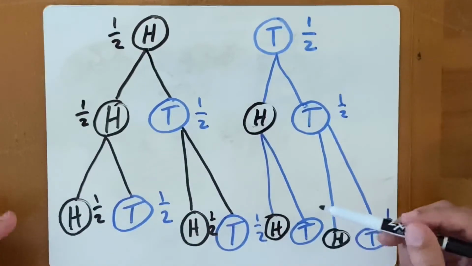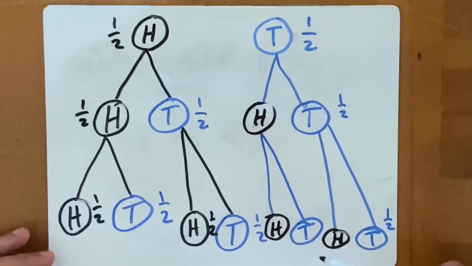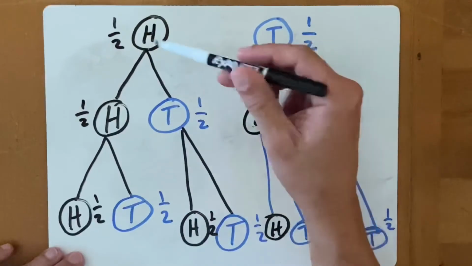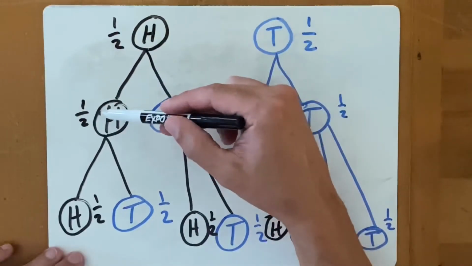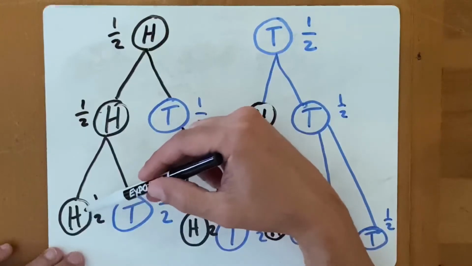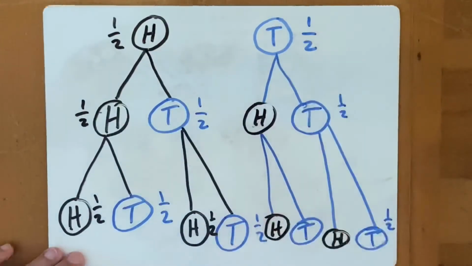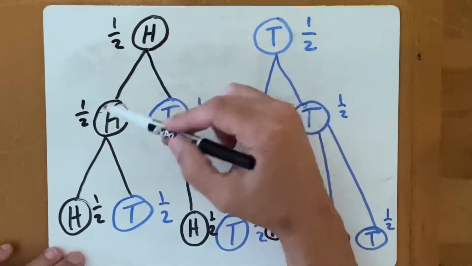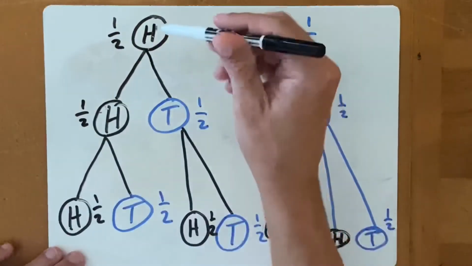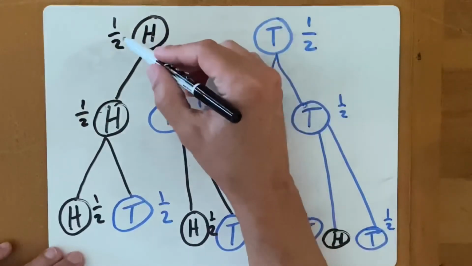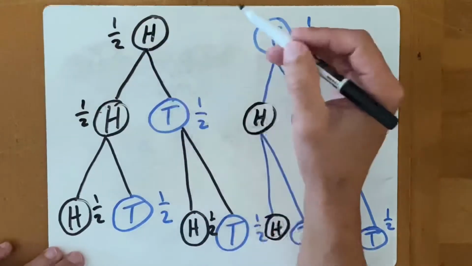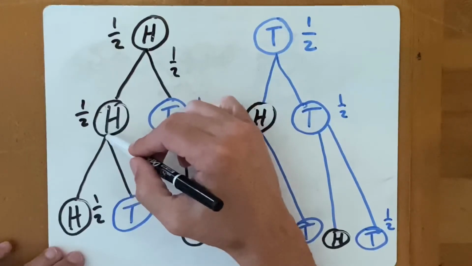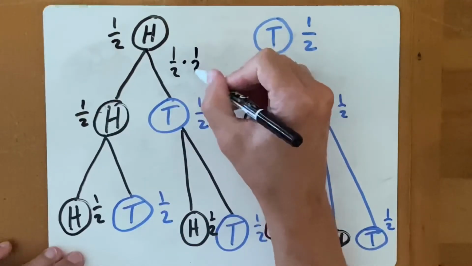How do I determine the probability of any one of those happening? With independent events, I simply multiply the individual probabilities together to tell me the probability of that particular pattern happening. Let's say I want to find the probability, if I flip a coin 3 times, of it coming up heads all 3 times. 1/2 is the probability of it coming up heads on the first try. The next flip, I still have a 1/2 probability of it coming up heads on the second flip.